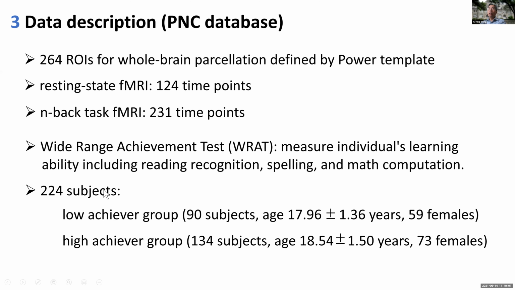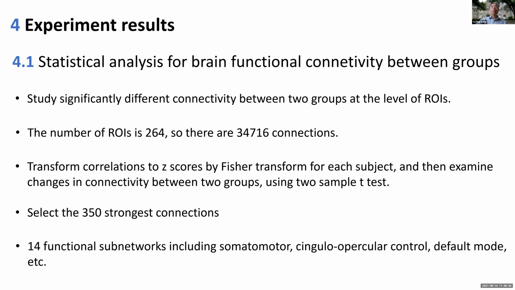And we divide 224 subjects into a high IQ or low IQ group according to their Wide Range Achievement Test, or WRAT, score. The WRAT is a measure of an individual's learning ability, such as reading recognition, spelling, and math computations. There are also other ways to measure IQ. First, we do a statistical analysis of the brain functional connectivity between these two groups.